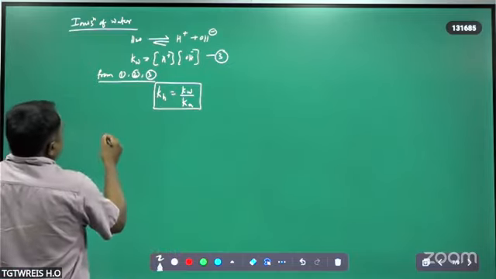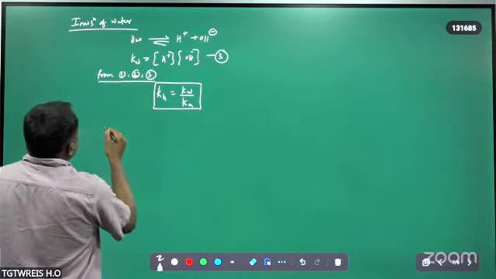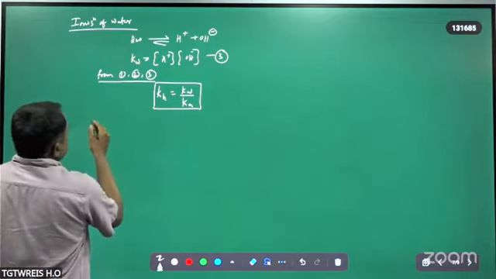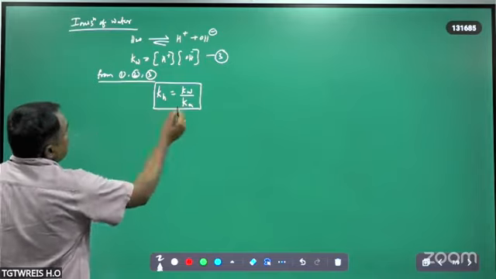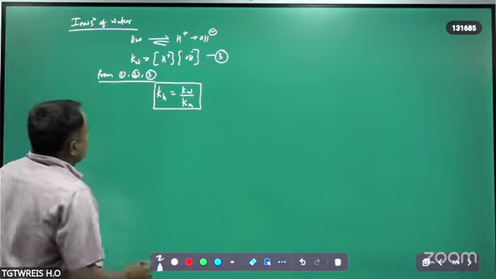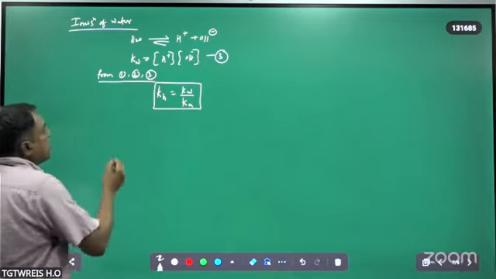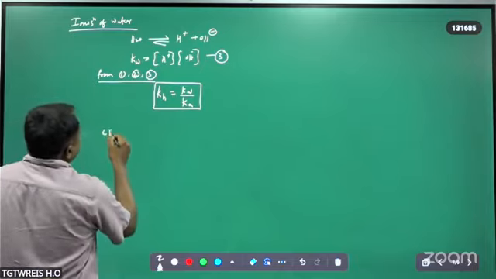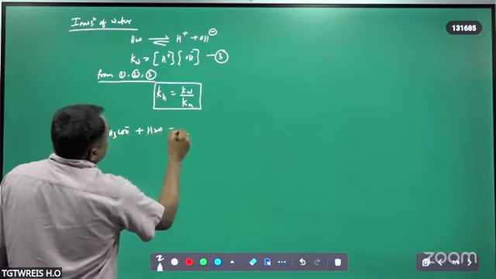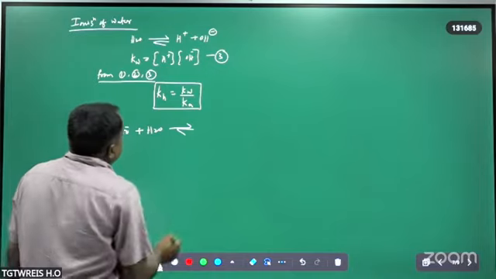So already we know that this is the anionic hydrolysis. But how can we calculate the H plus ion concentration? To calculate the H plus ion concentration, first you take CH3COO minus. This is the anionic hydrolysis of the acetate anion.